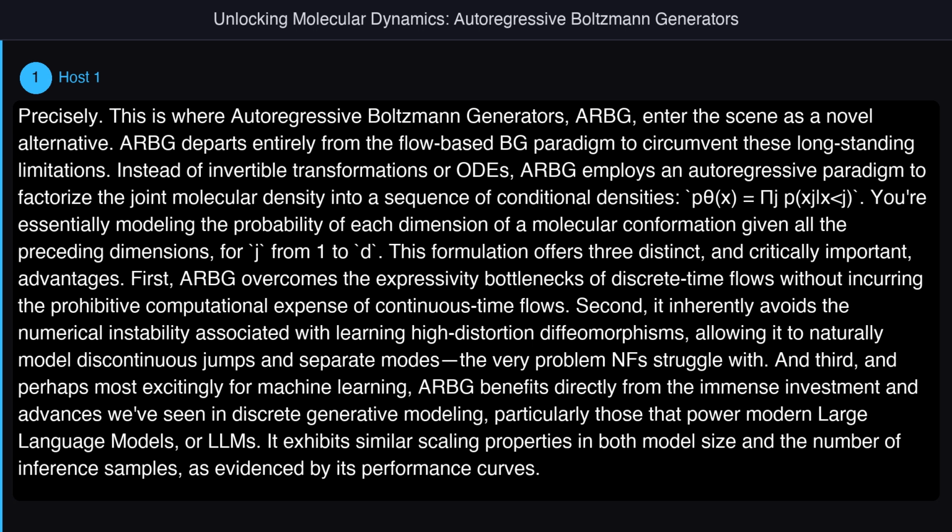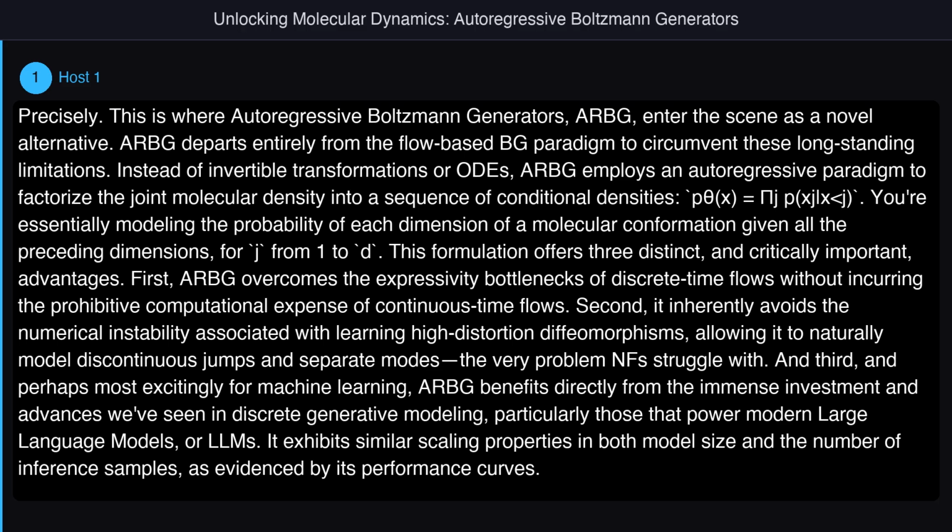ARBG overcomes the expressivity bottlenecks of discrete time flows without incurring the prohibitive computational expense of continuous time flows. Second, it inherently avoids the numerical instability associated with learning high-distortion diffeomorphisms, allowing it to naturally model discontinuous jumps and separate modes, the very problem NFs struggle with.